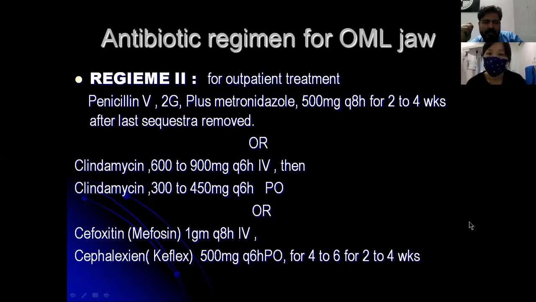Then clindamycin IV, and after that clindamycin 300 orally, or cephalosporin. The first drug of choice is penicillin. If the patient is allergic to it, you can shift to clindamycin. If allergic to clindamycin, then you can shift to cephalosporin, and cephalexin.